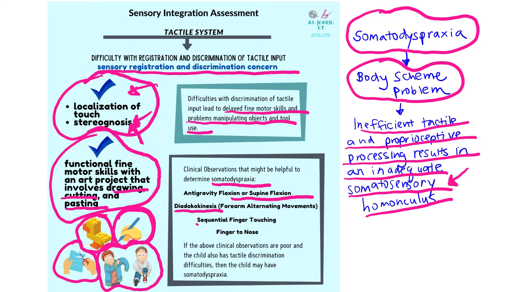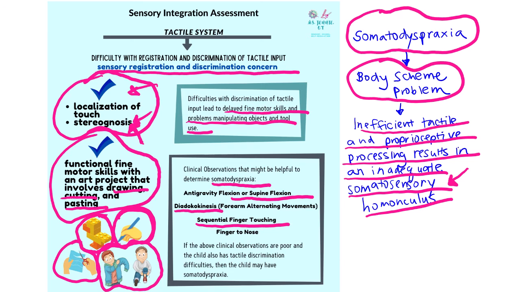And then sequential finger touching is important to take a look at. That's their ability to touch their thumb to each of their fingers, and usually you want them to do it without vision, right? So you want to see, do they know where their fingers are? Can they easily touch their thumb to each of their fingers without the use of vision?